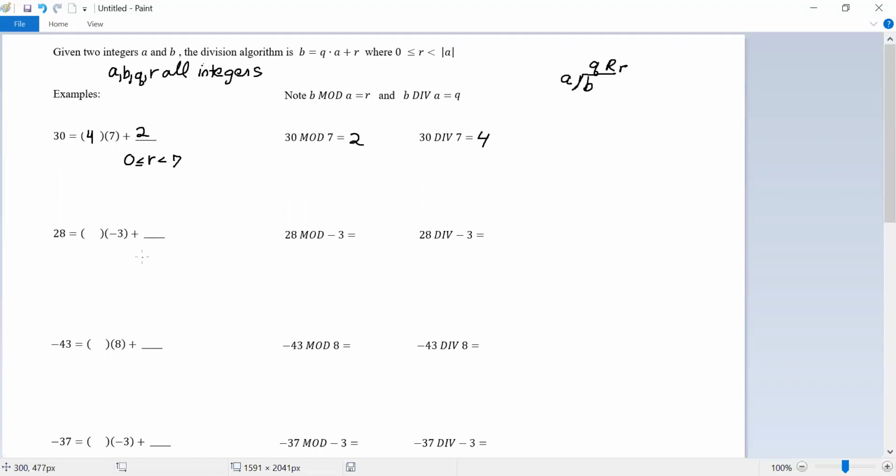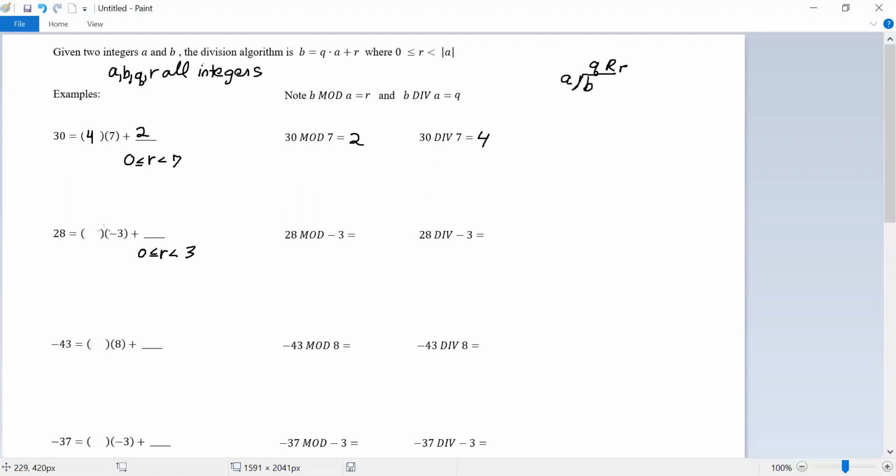All right, let's try it with a negative number. So here I know that my R has to be between 0 and 3. It could be 0, but it's not because 3 does not go evenly.